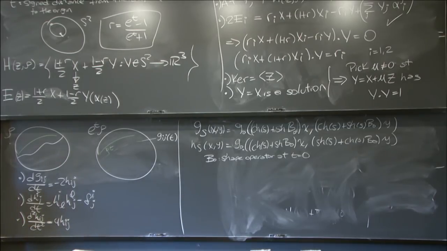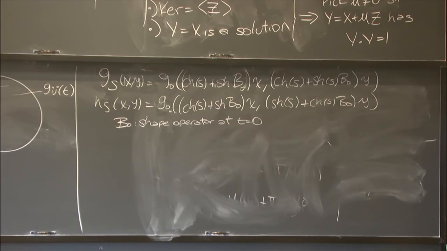So this not only allows you to calculate how the principal curvatures are going to evolve, but also tells you that the frame that diagonalizes the shape operator is going to be invariant under parallel transport.